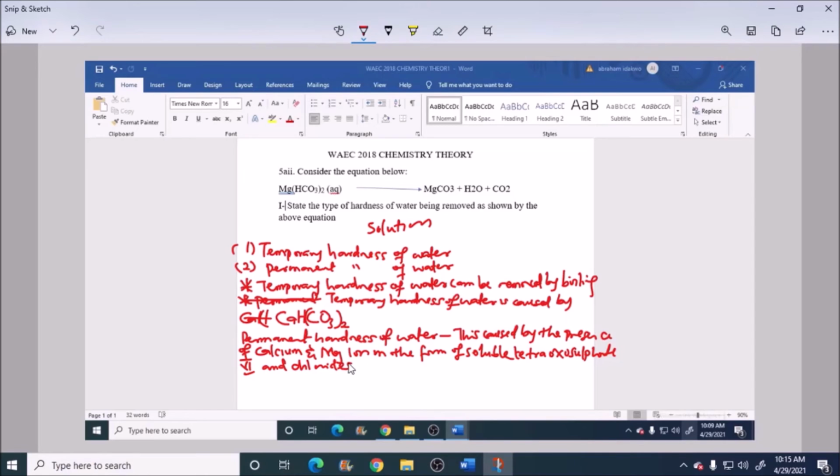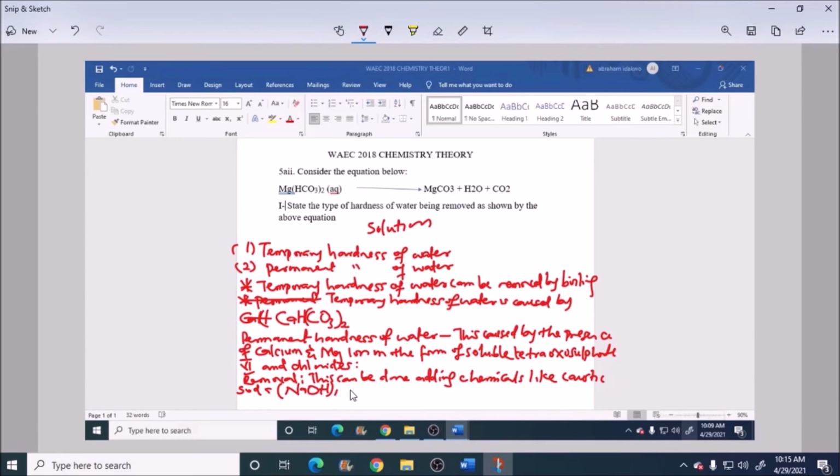chlorides. Then it can be removed, that is the remover of permanent hardness. So it can be removed by adding chemicals. The removal can be done by adding chemicals like caustic soda, which is sodium hydroxide.